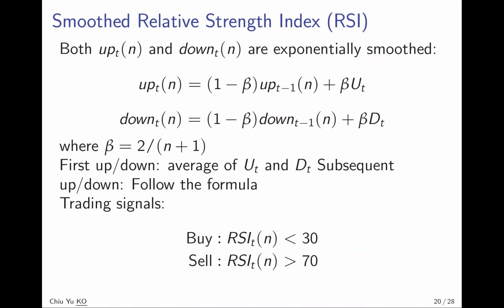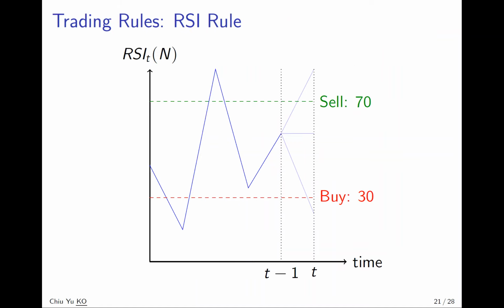The trading signal is the same. When RSI is low, you buy. When it's high, you sell. So basically, the graphic looks like this. There's a sell threshold at 70, above which you sell, and a buy threshold at 30, below which you want to buy.